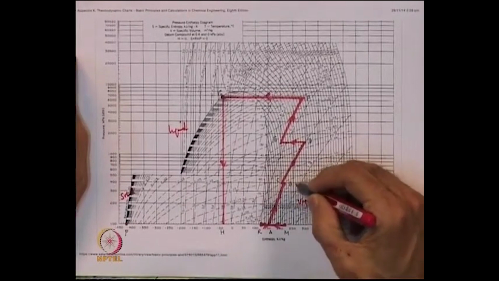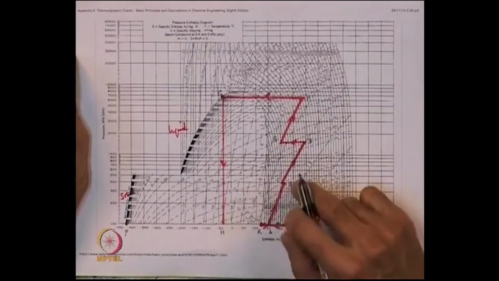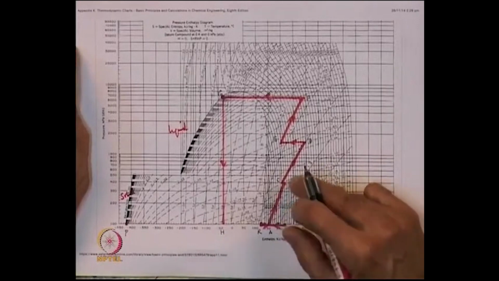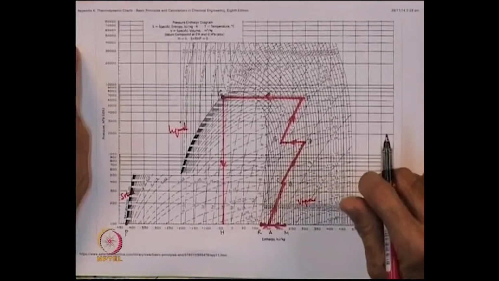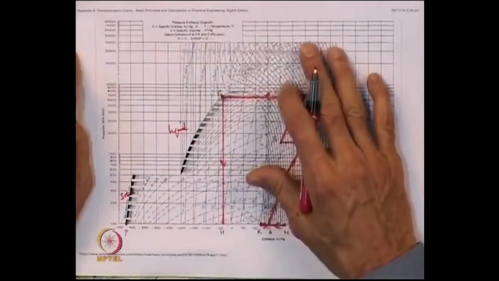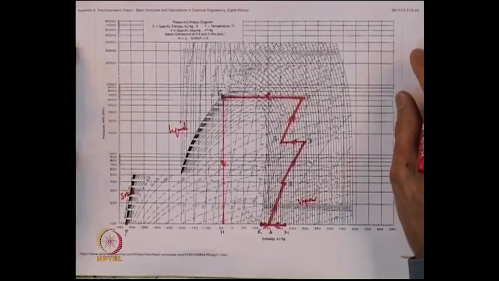So, the point B is at 400 kPa after isentropic compression. It is identified by entropy at A equal to entropy at B. So, you move along the isentropic line. Remember that every point on this chart is completely identified by specifying 2 properties.